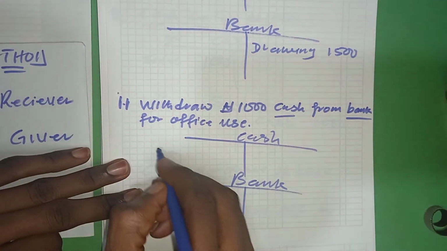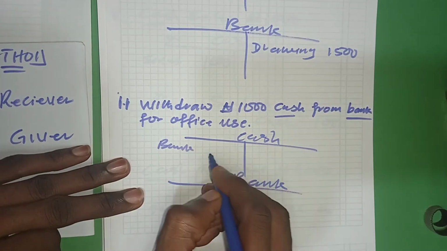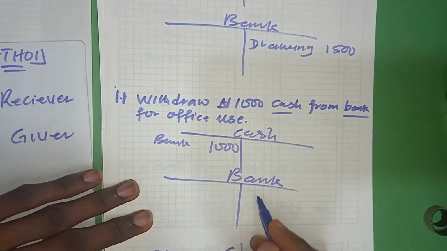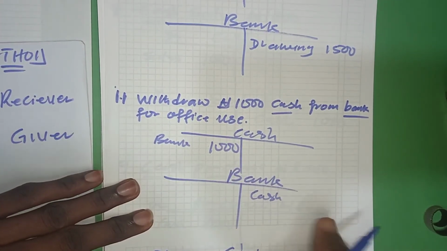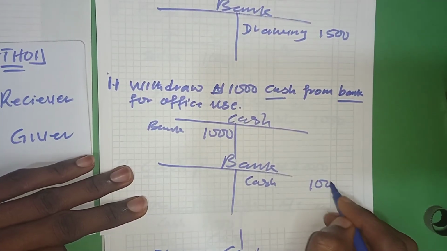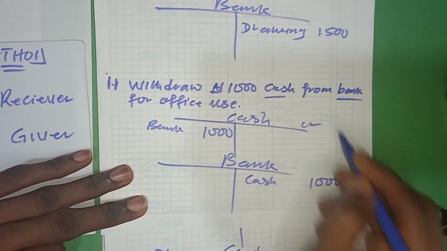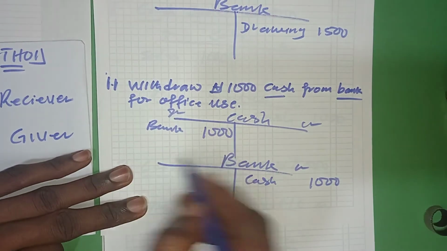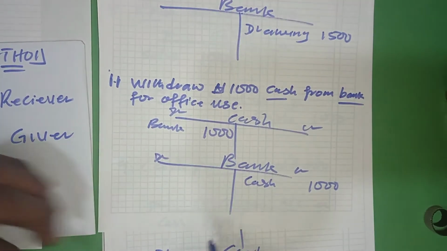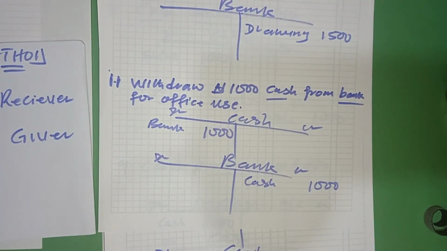So here, bank, 1,000 naira. Here, cash, 1,000 naira. Maybe there is no money again to run the business, to buy little things.